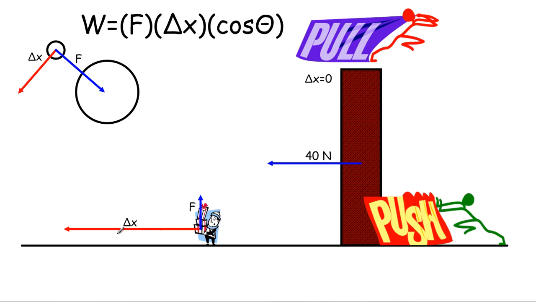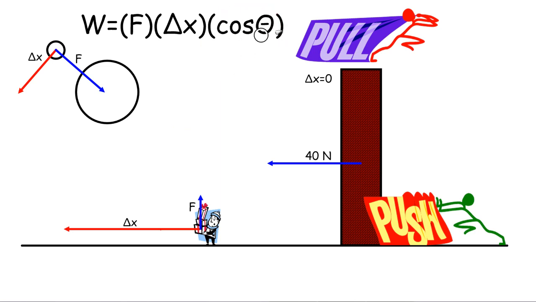So its displacement is horizontal, but your force is vertical. So your angle between the two, your cosine theta here, is equal to 0. And so whenever that cosine of 90 degrees is equal to 0, then the amount of work that you do is equal to 0.